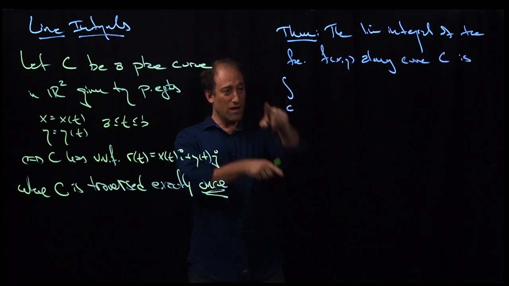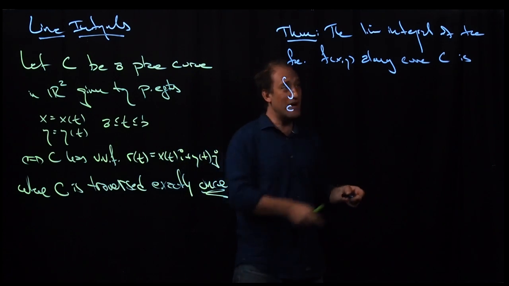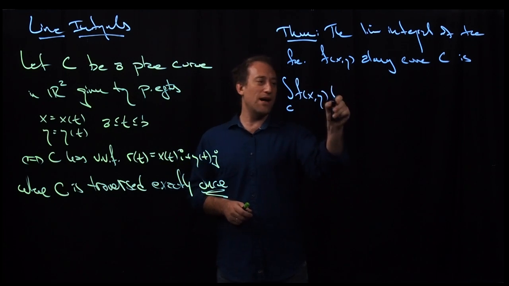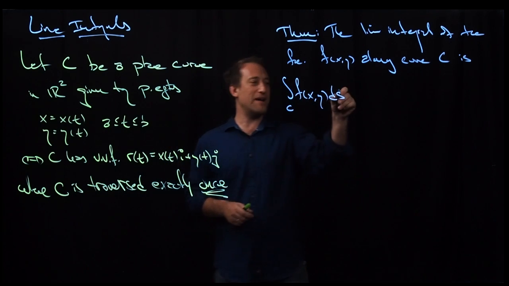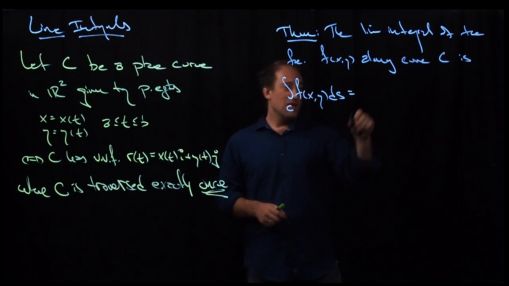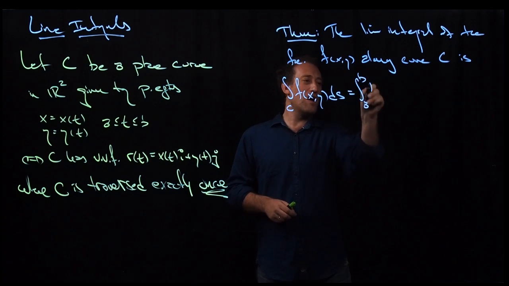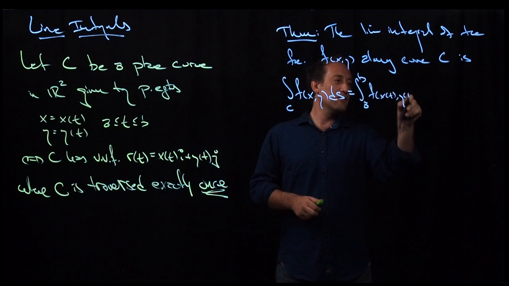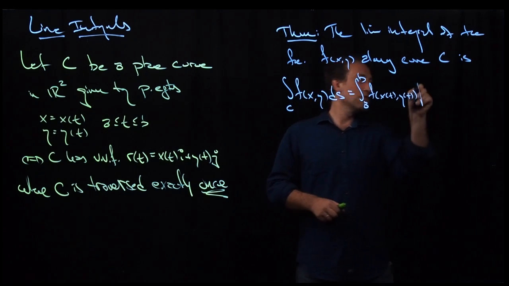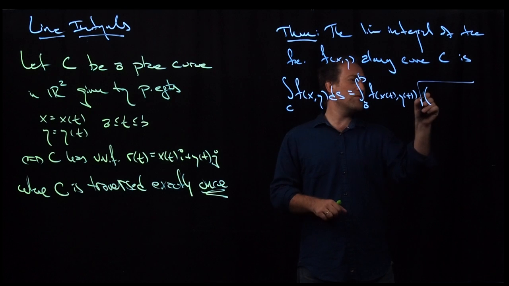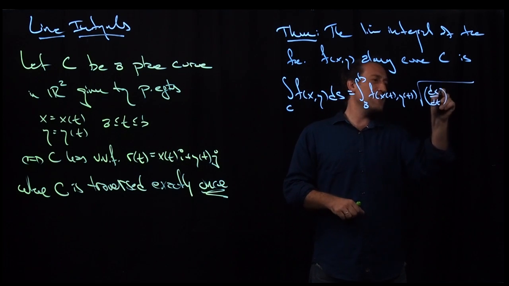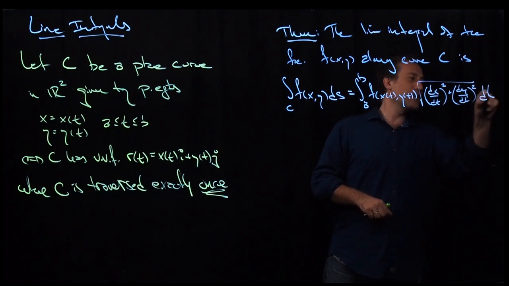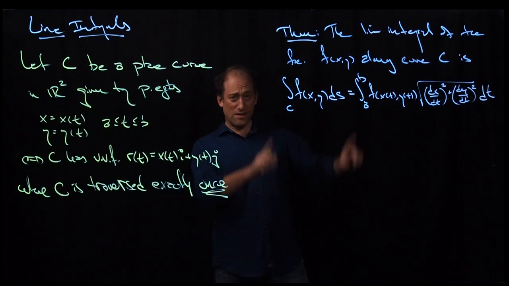Namely, the integral over C, to indicate that I'm integrating along the curve C, of f of x, y ds, I'll come back to that s in a moment, is equal to the integral from a to b of f of x of t, y of t times the square root of dx dt squared plus dy dt squared dt. All right, it's a bit of a mouthful.